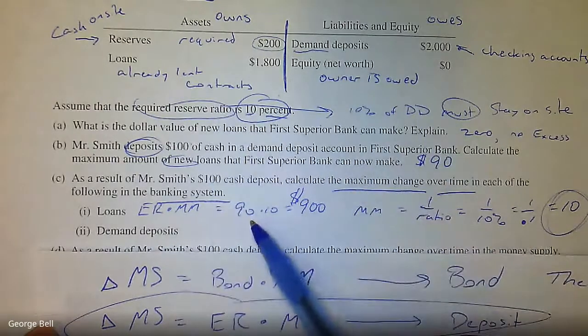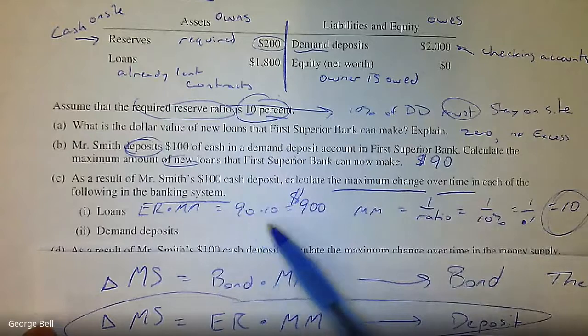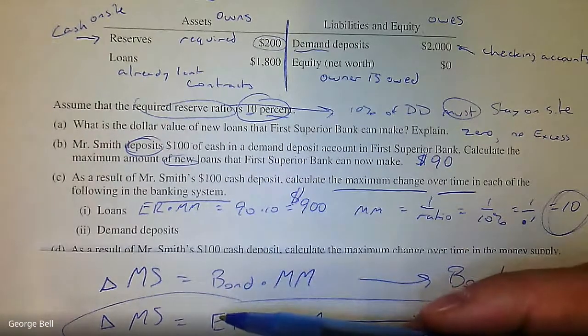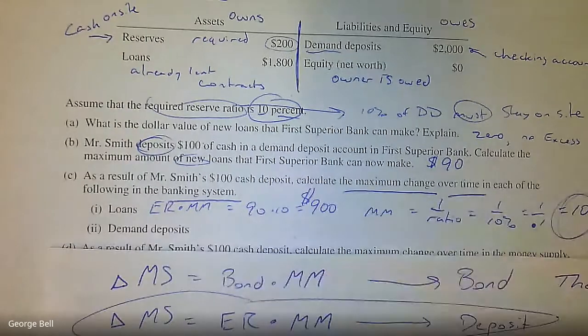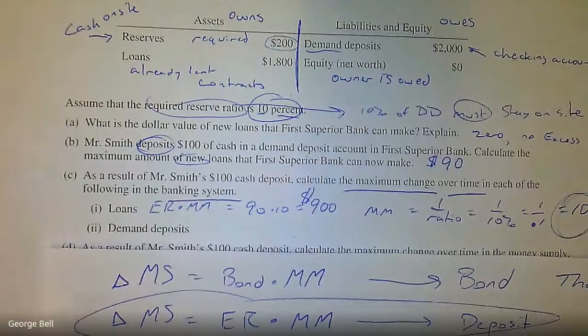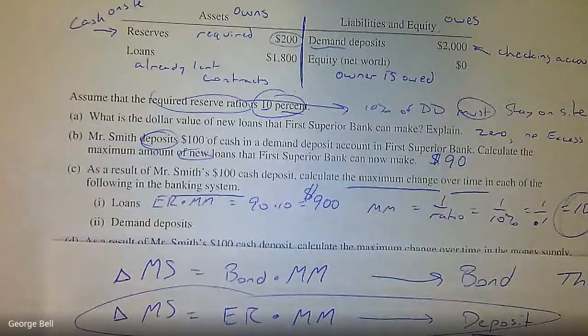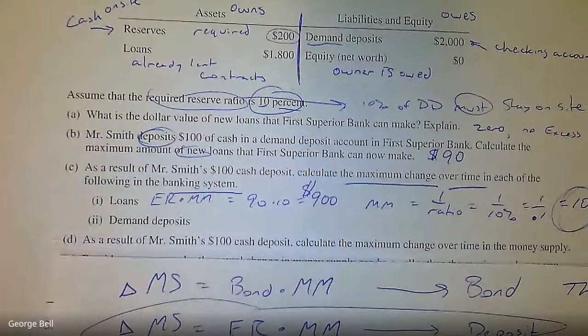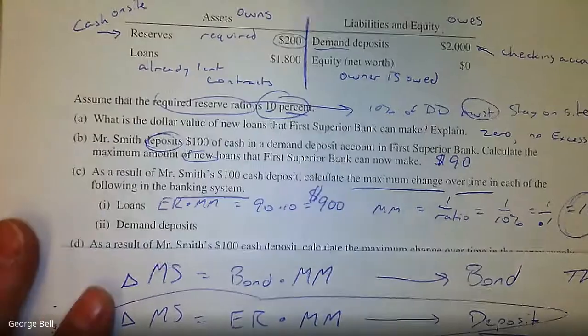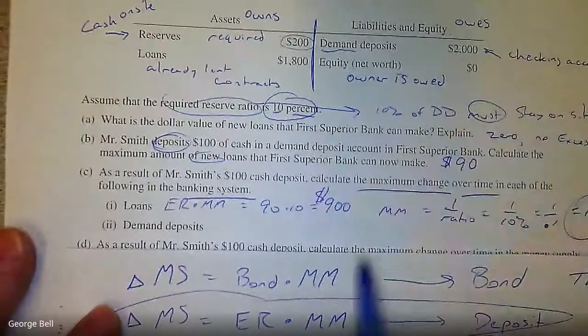So 90 got lent the first time, but the second time when 90 ends up in a bank, 10% has to be held at that new bank. That means there's only $81 to lend. And so 90 became 81, and it cycles through the economy fast. We use the multiplier to get to the end result. We don't have to go through all the tedious math of finding this because of 90 plus 81, etc. It would go through dozens of times until it became 900.